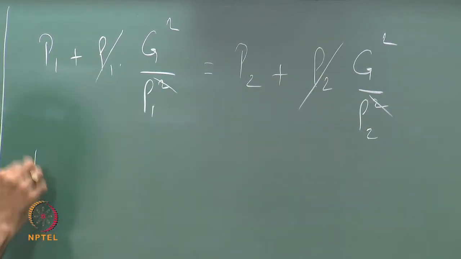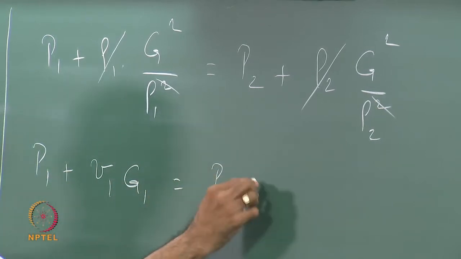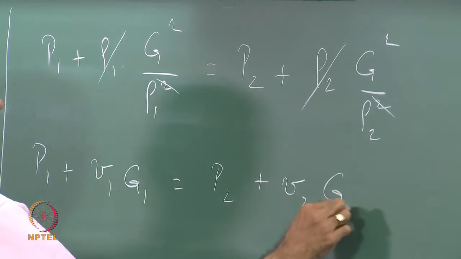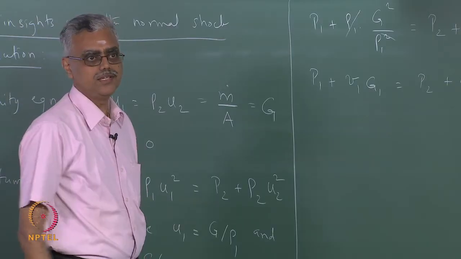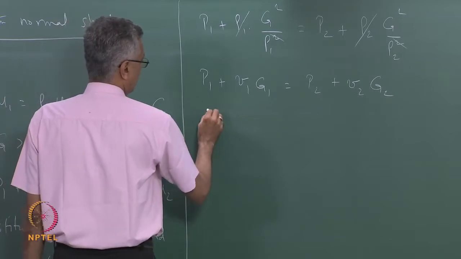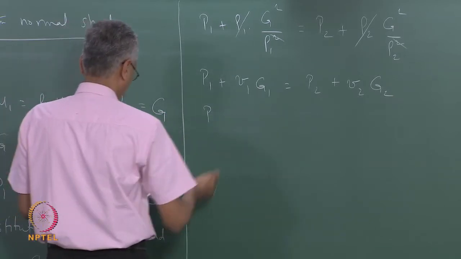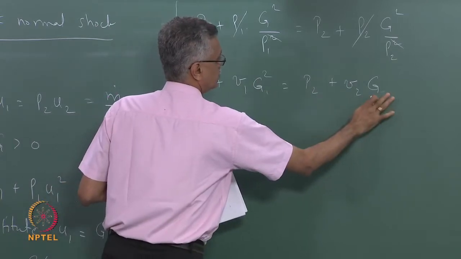I get P1 plus G square V1 equals P2 plus G square V2, where I have used the fact that the specific volume is the reciprocal of the density. Right. So, I have replaced the rho 1 with the specific volume. Rearrange, I can write this as, I am sorry, this is G square, right.